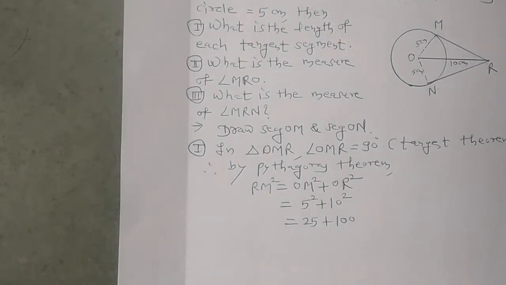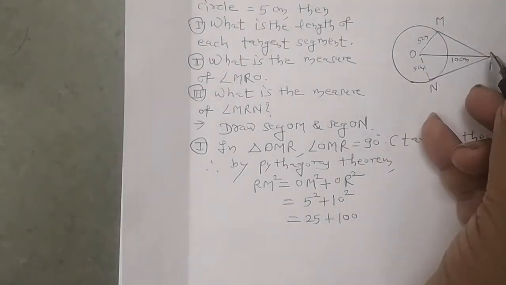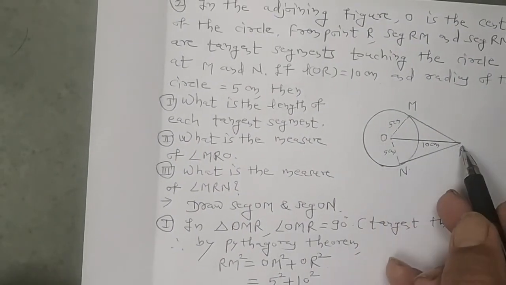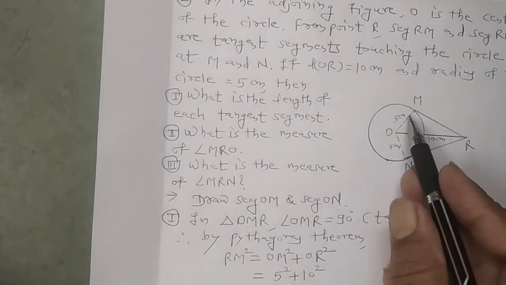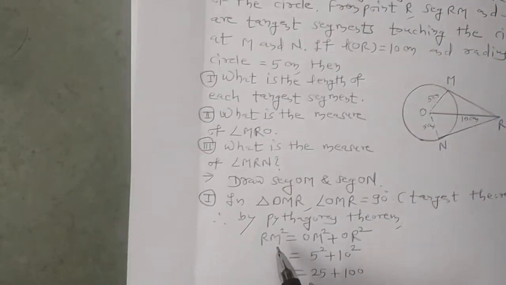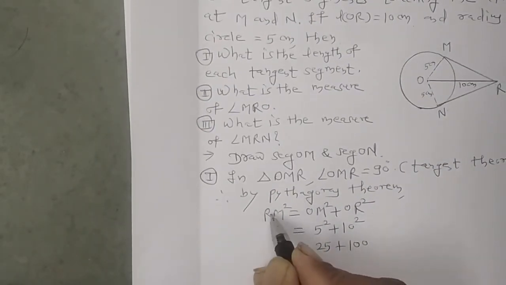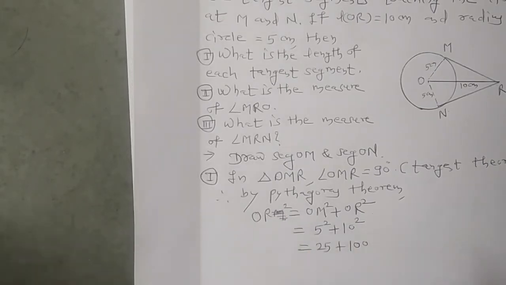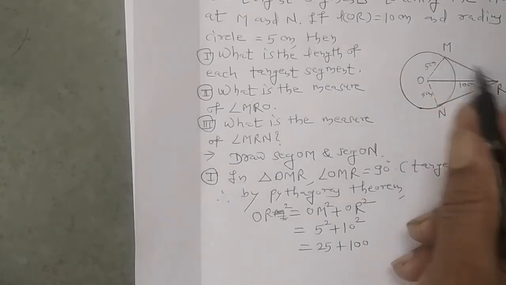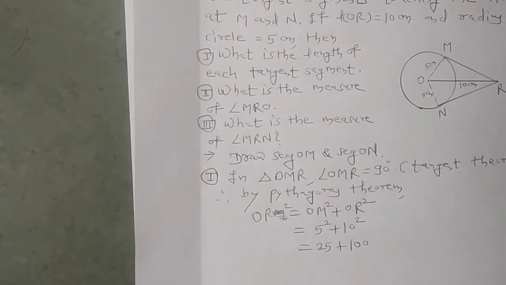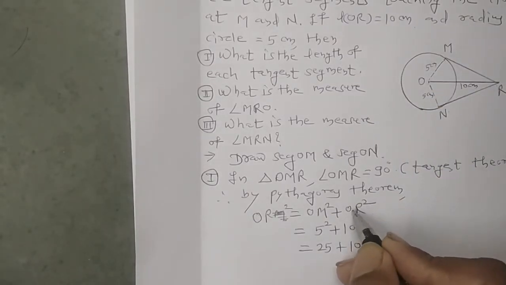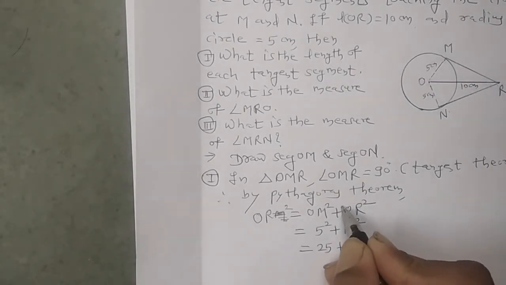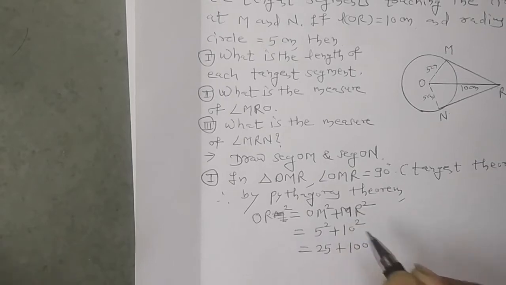Now here angle OMR is equal to 90 degree. Therefore here OR is the hypotenuse. Therefore here write down OR square is equal to OM square plus RM square or MR square.